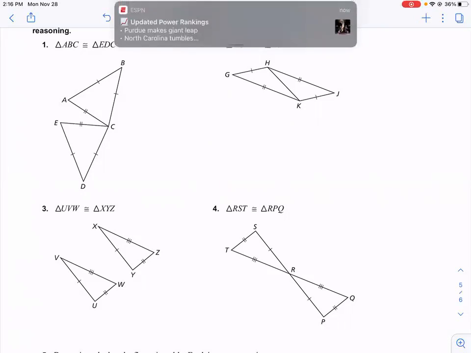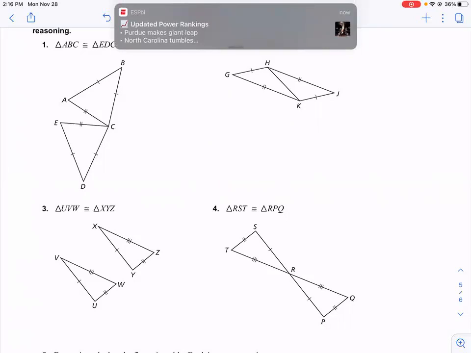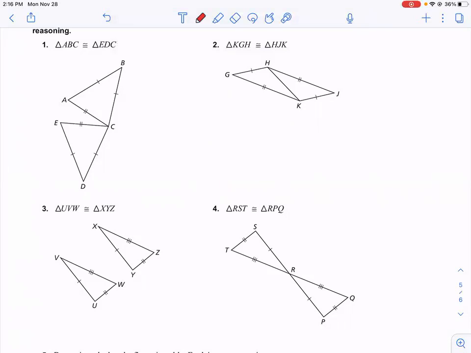You and your elbow partner work together. I think they're all yes. No, would this one be side, the first one, because it has two? Yes.